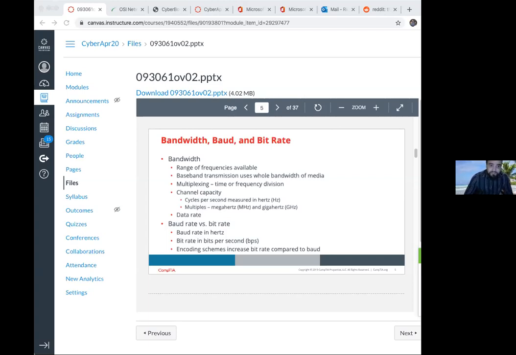And then trillions, which is THz. If the specific medium supports a range of frequencies between 0 and 100 megahertz, then it has a 100 megahertz channel bandwidth.